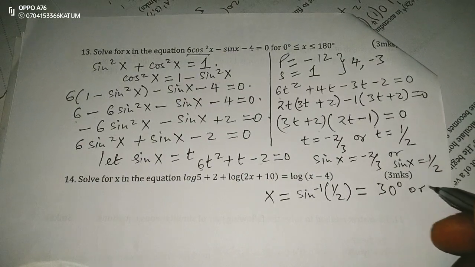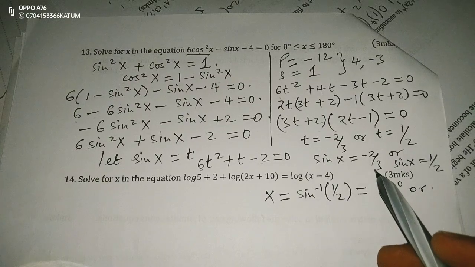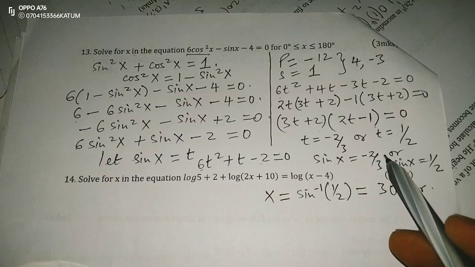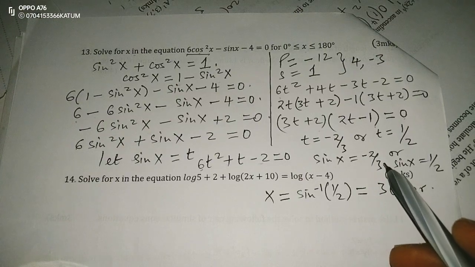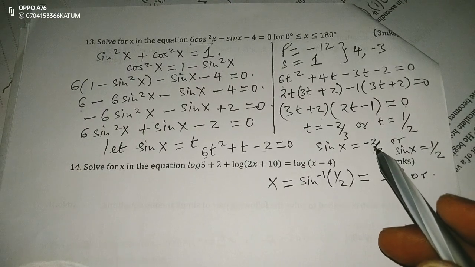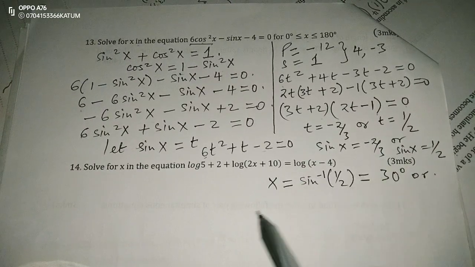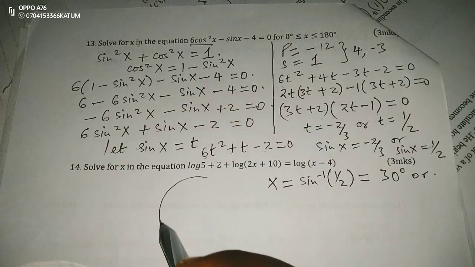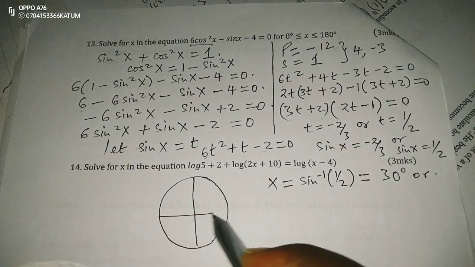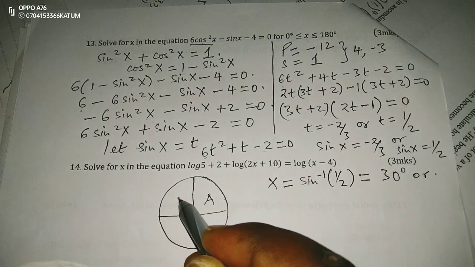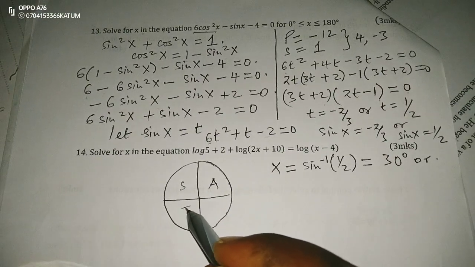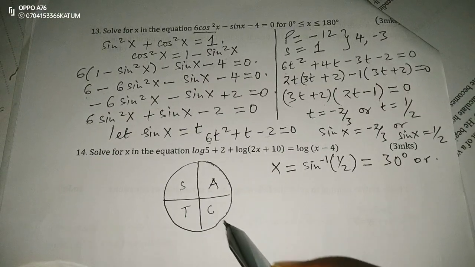Or we can get the acute angle for sine equal to 2 over 3. Then we look at the quadrants where sine is negative. All trigonometric ratios are positive in the first quadrant; sines are positive, tangents are positive, and cosines are positive in their respective quadrants.